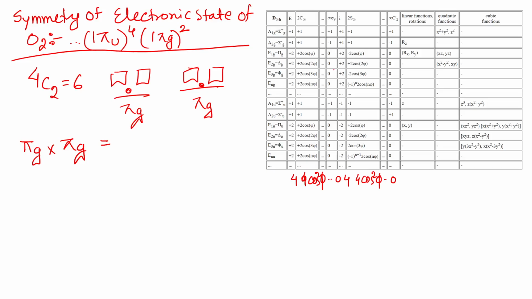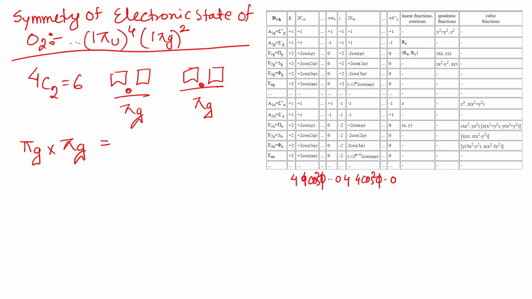If we don't have the product table for this character table, you can't use the shortcut formula of 1 by h into character of the reducible representation into the character of the symmetry operations, because your h is infinity here, right?